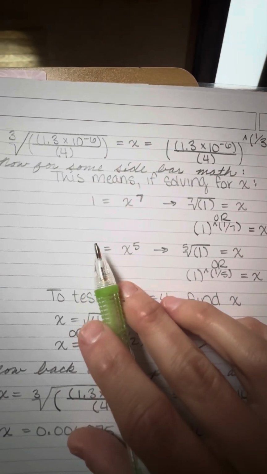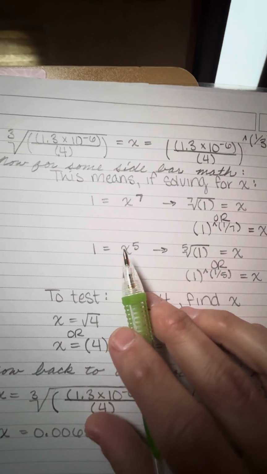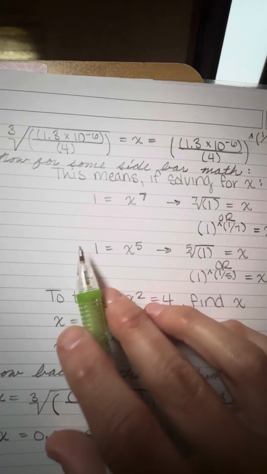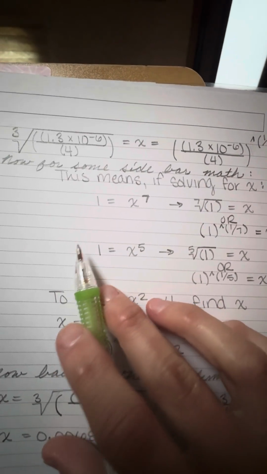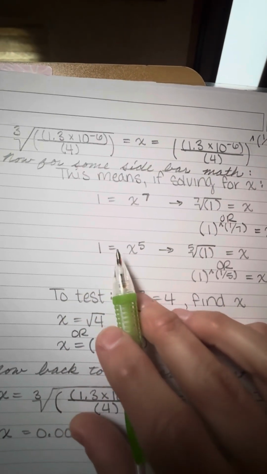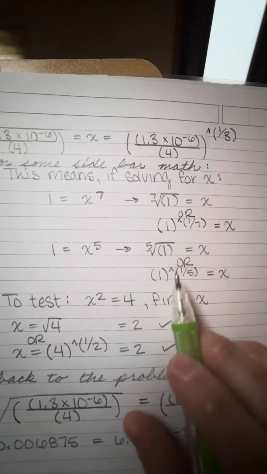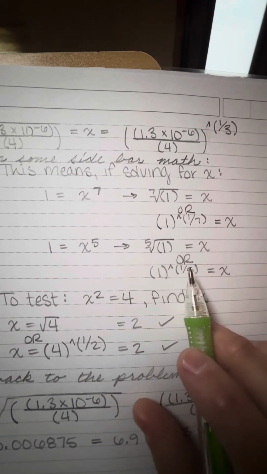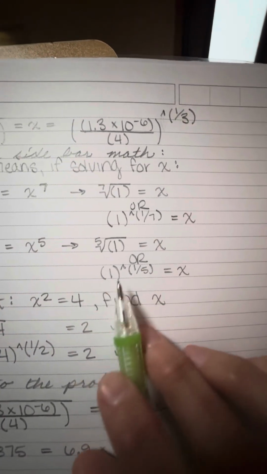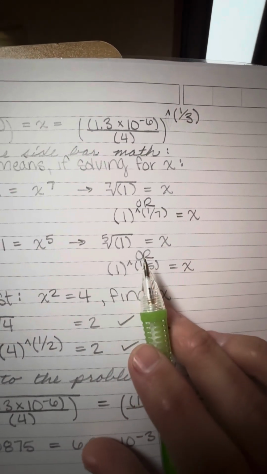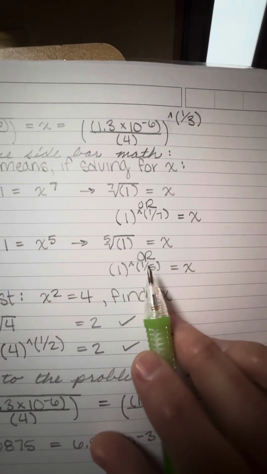So same here. 1 equals x to the 5th. You need to take the 5th root of both sides, or take that 1 and raise it to the power of the reciprocal 1 over 5.